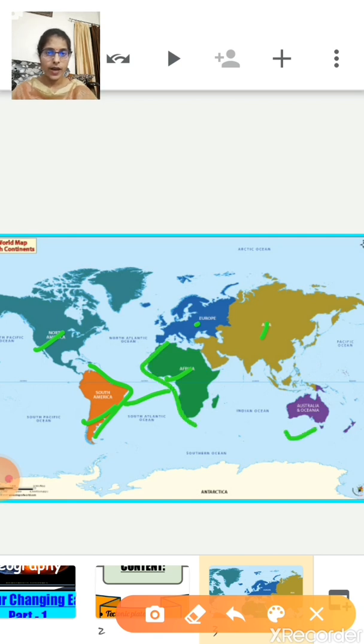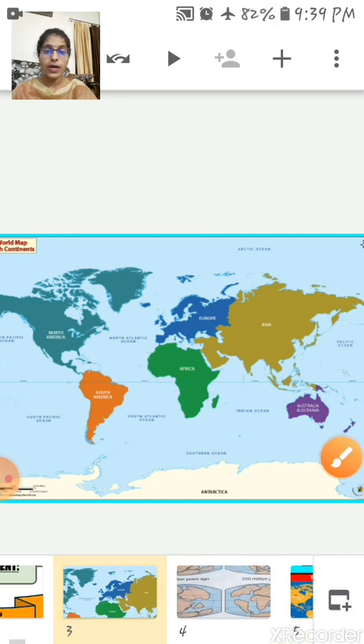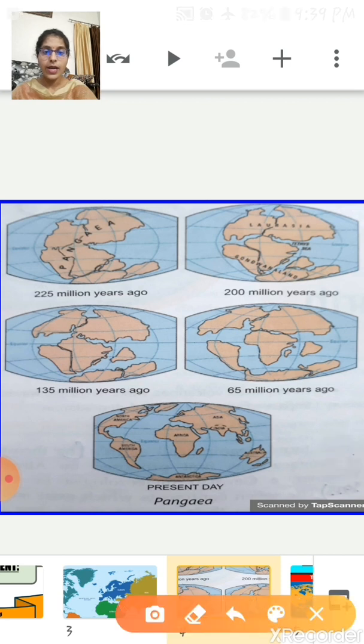Similarly, Australia can easily fit into the Indian landmass in this gap, which is now filled by the Bay of Bengal. Now what seems to emerge is that all earlier continents were clustered together as a supercontinent, which is known as Pangaea.